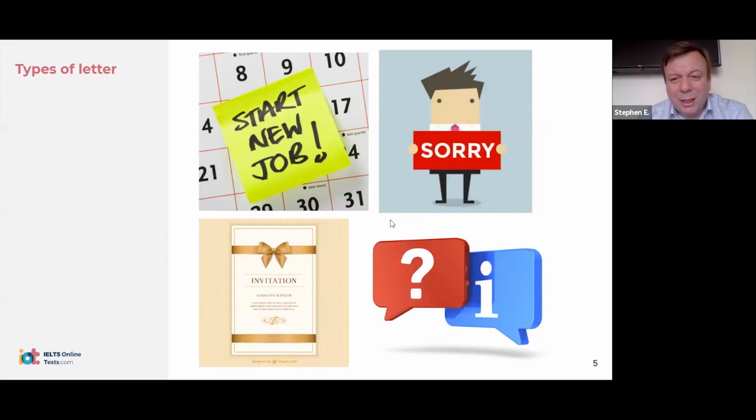Yeah, job application. Yeah, it could be both. Good. What about the one at the bottom on the left? Yeah, good. And the last one with the question mark and I. Okay, could be both really, yeah, good.